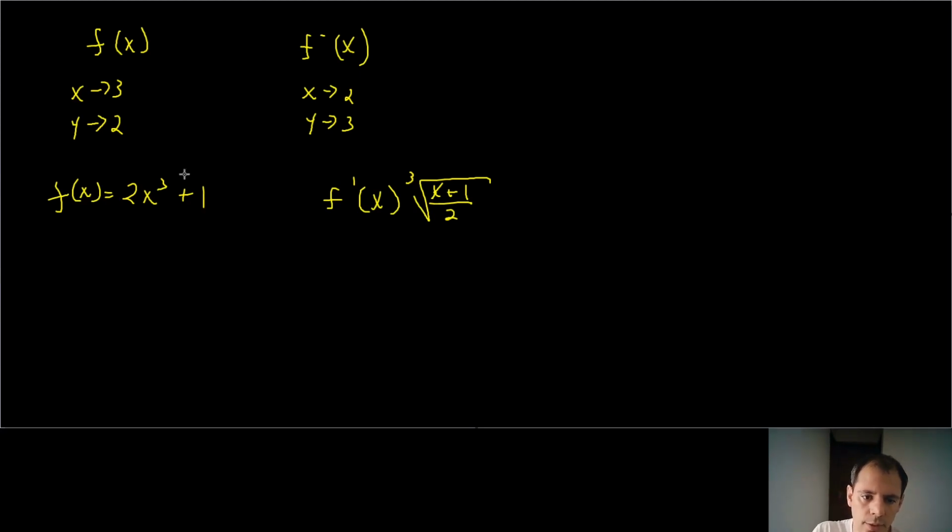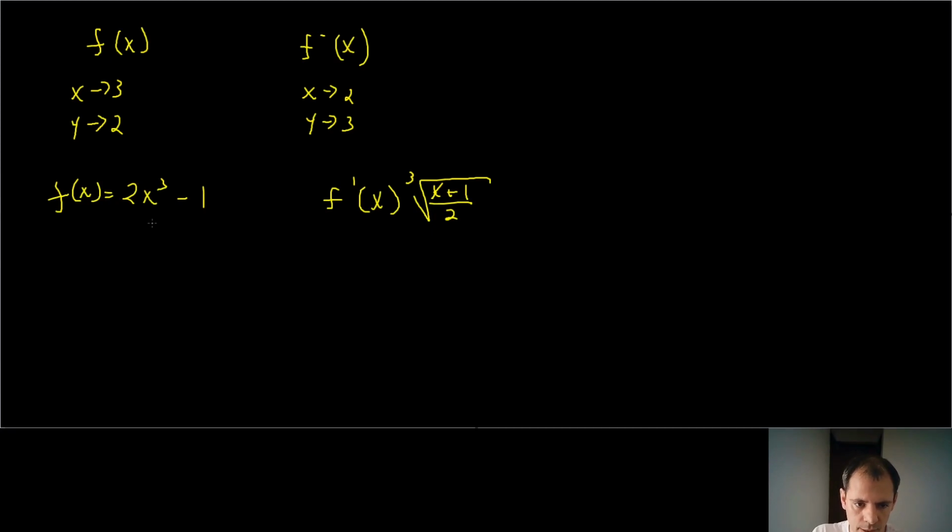There's something wrong, I knew there was something wrong. It's minus 1 in here, so it's 2x cubed minus 1, okay? This one is going to be x plus 1 divided by 2, and the cube root of all this, the cube root of x plus 1 divided by 2.